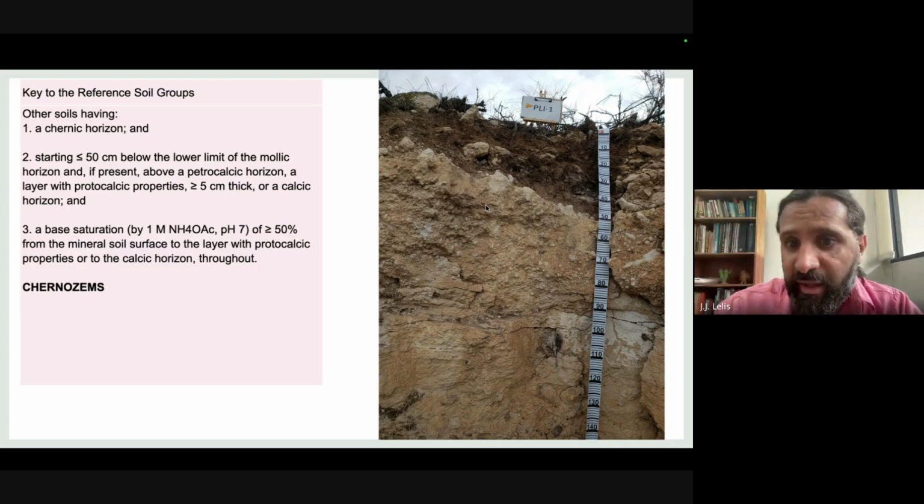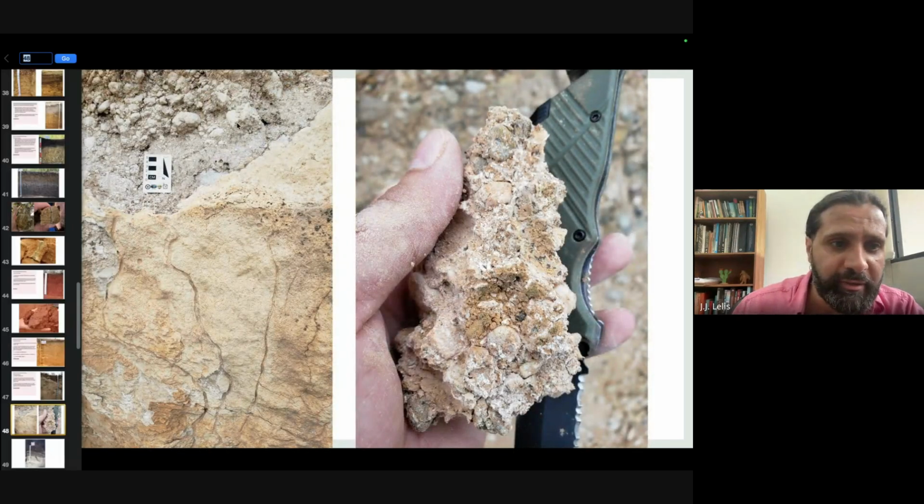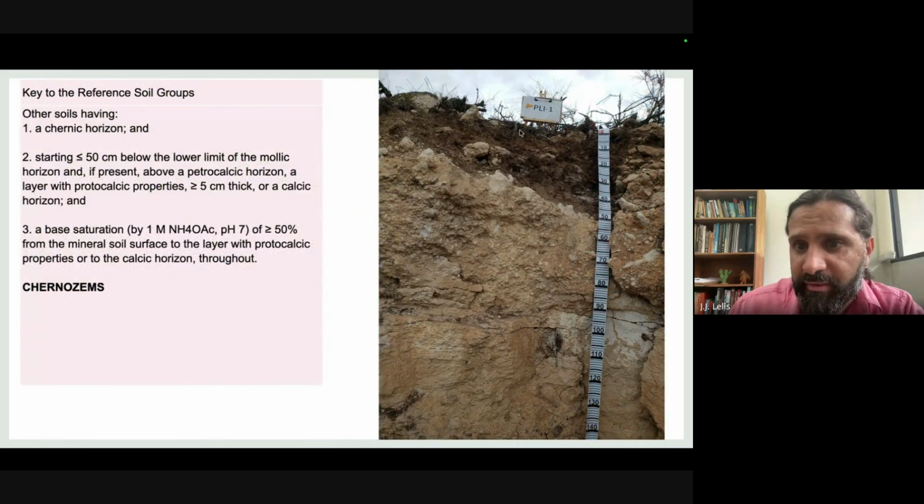Okay, this is the case of the calcic horizon. In these photos, you can see very easily the cementation of the soil by calcium carbonate. So you can see very easily the petrocalcic horizon, okay, below the Chernic horizon. The Chernic horizon is above, this darkish and thick horizon, okay?